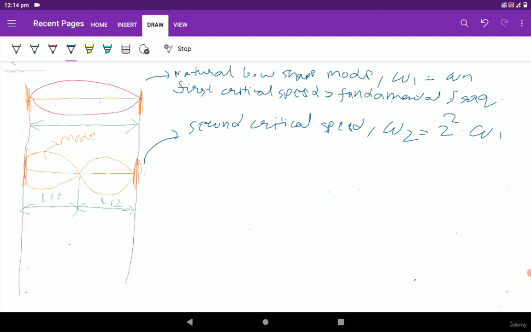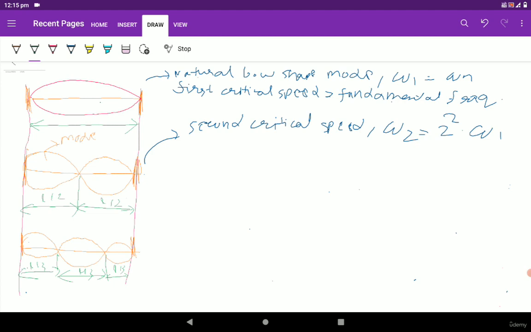Now let's plot the third critical speed. Here the distance will be L by 3, L by 3, L by 3.